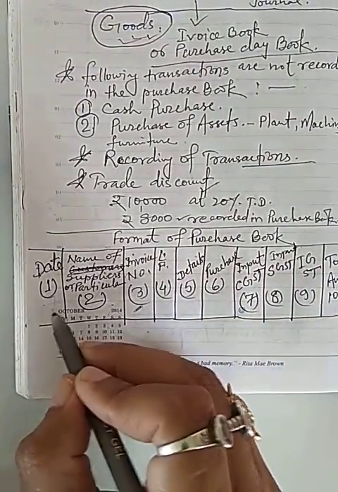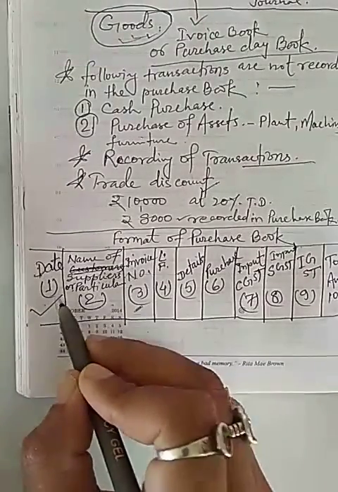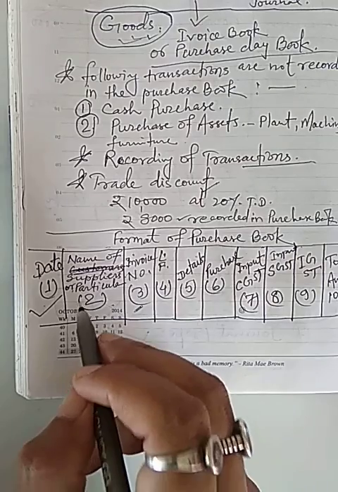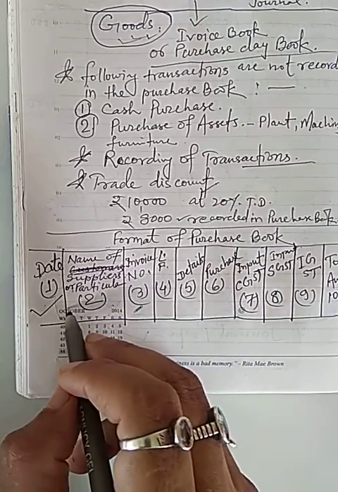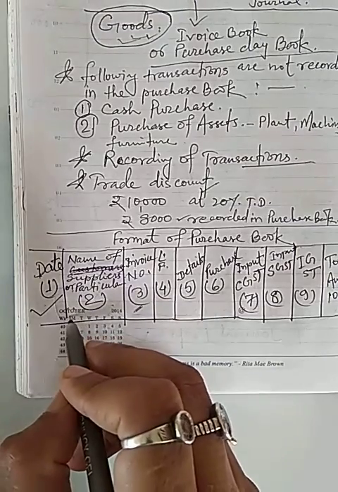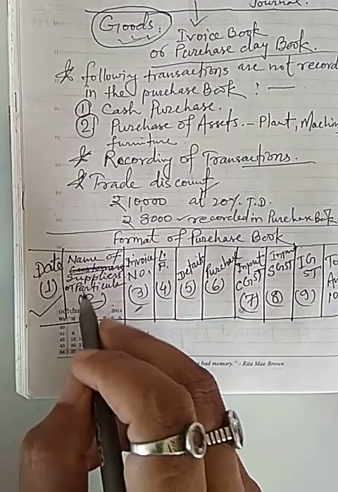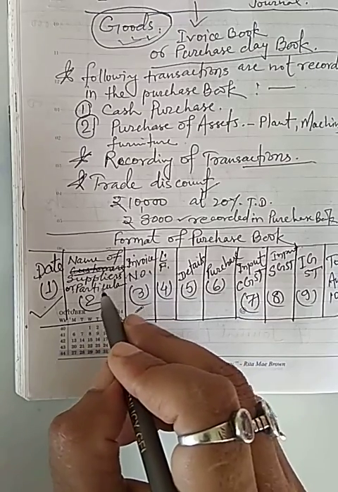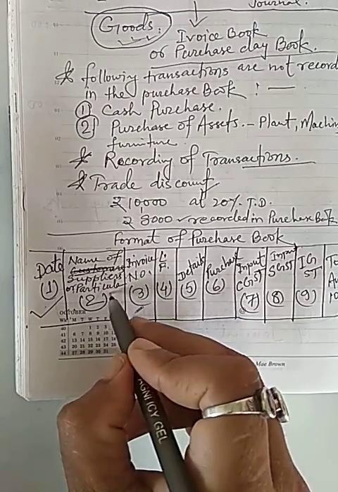First column is related to date. The date of purchase of goods on credit is recorded in this column. Second is related to name of suppliers or particulars.